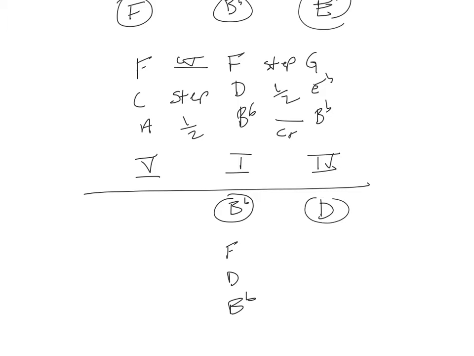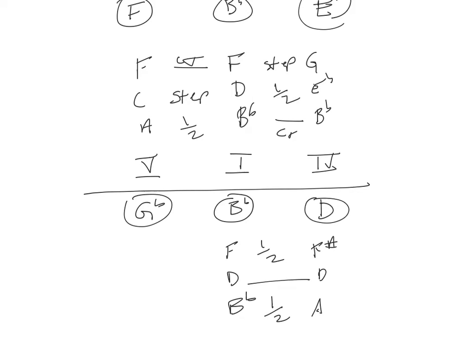So if we move a major third up or a major third down, the voice leading becomes even closer related. So D, F sharp, A has a common tone, but now instead of having a whole step and a half step, we have two half steps.